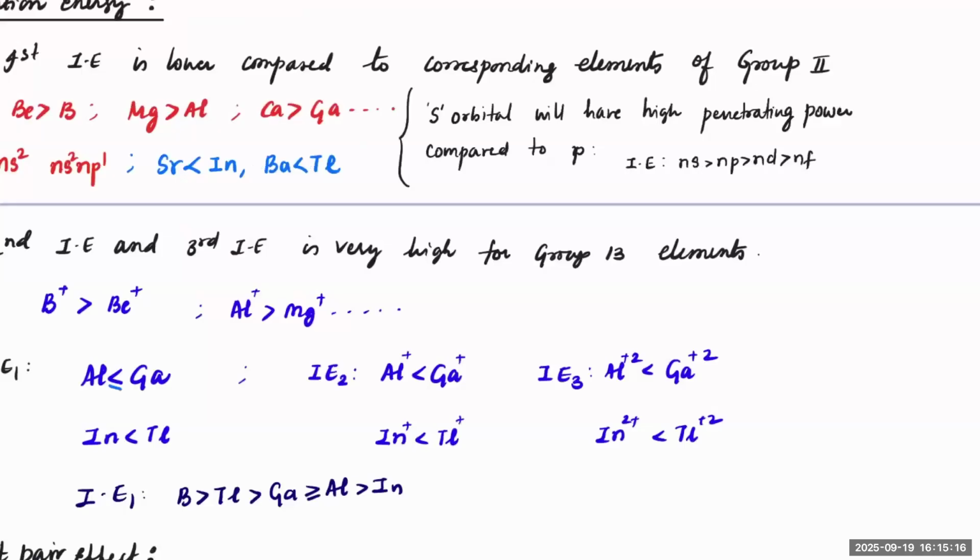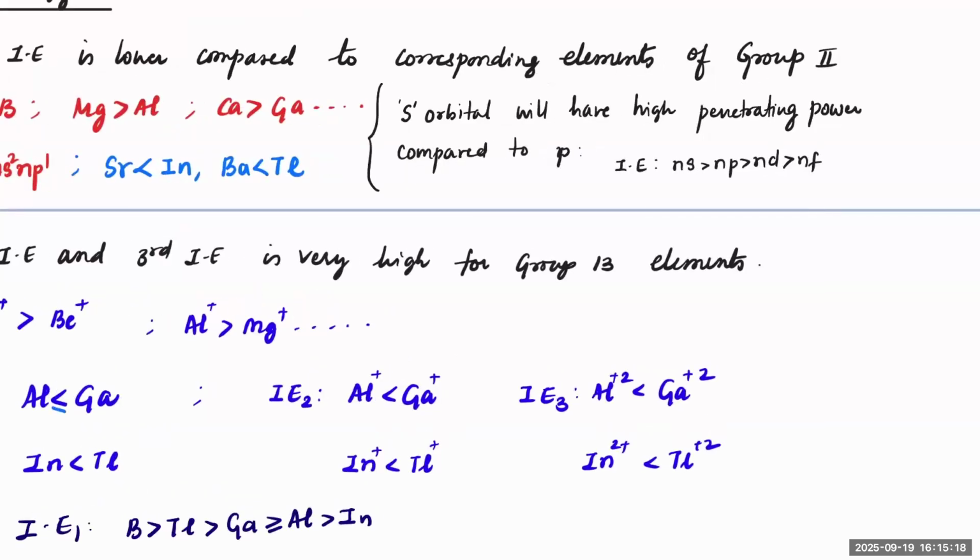Removing an electron from the p orbital is relatively easier than from the s orbital. You can see the s orbital has more penetrating power, so it would be closer to the nucleus. That's why it is difficult to remove the electron from there. Is that making sense? Right. Next.